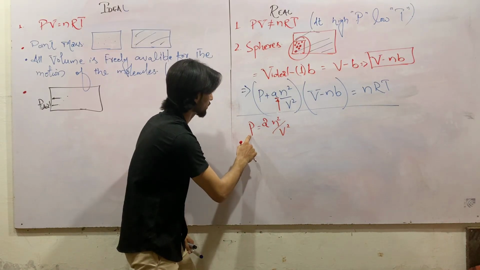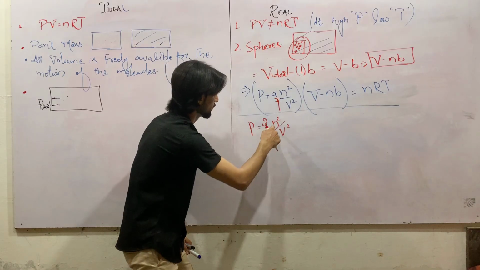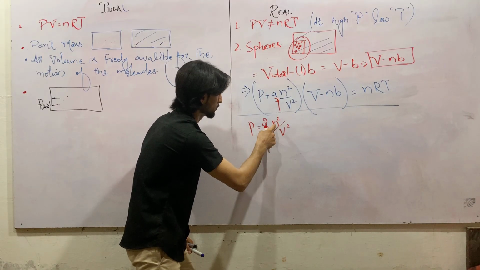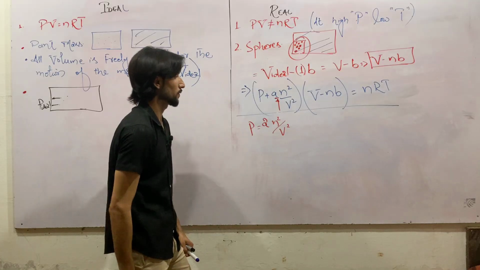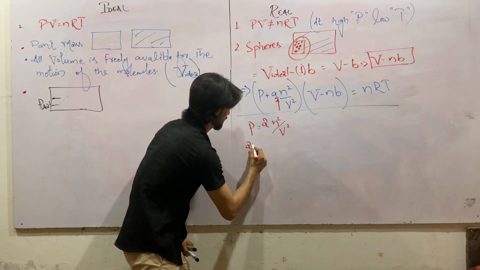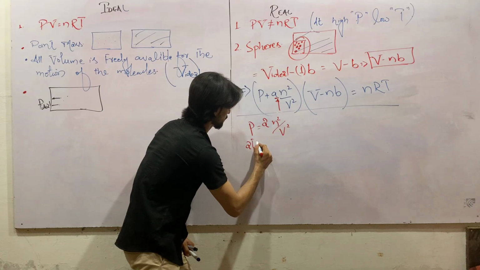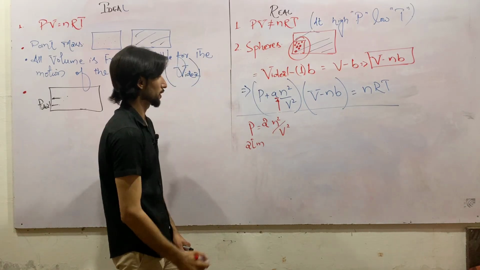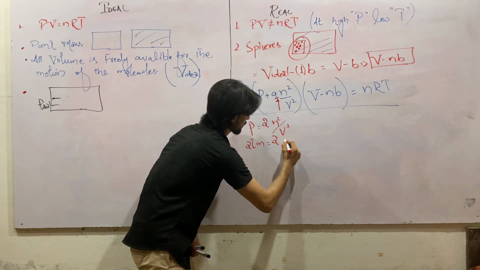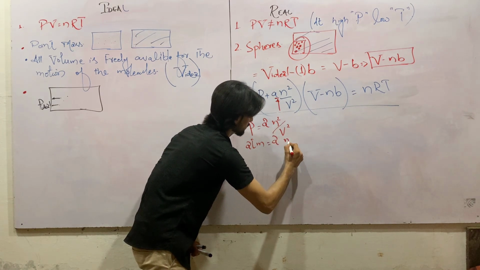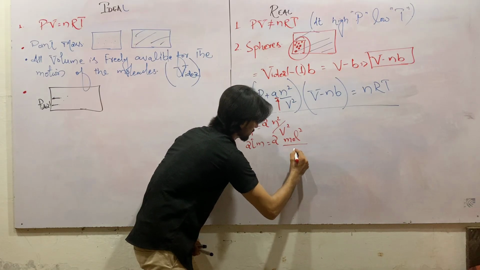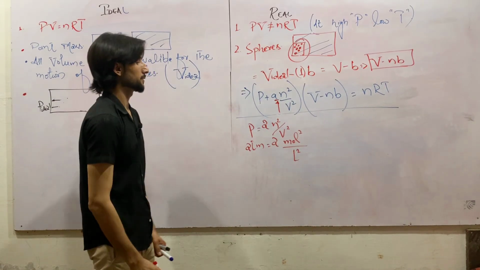Okay, so I know the units of all these terms in my equation. I know the unit of P, I know the unit of n, I know the unit of volume. So I must plug them in. Here the unit of P I'm putting as atm. Again a in its place. The unit of n is mole, n squared comes out. The unit of volume is liter, squared with that.